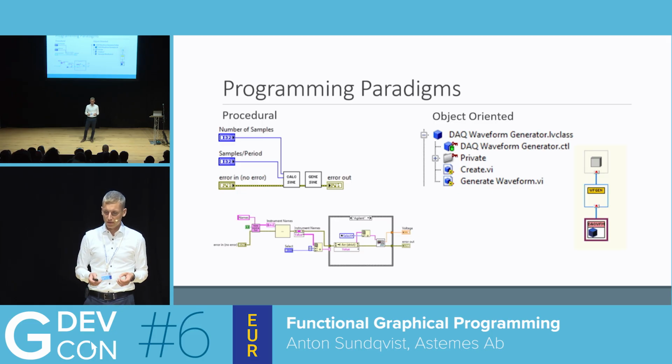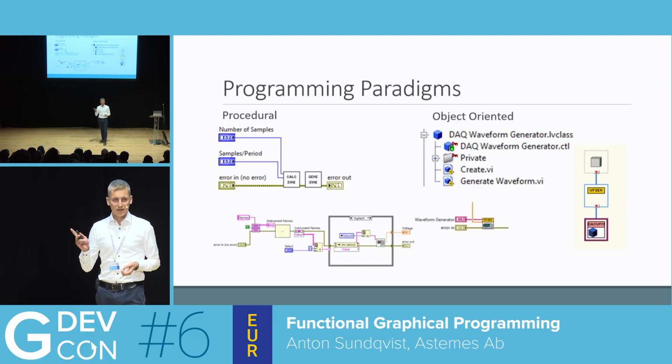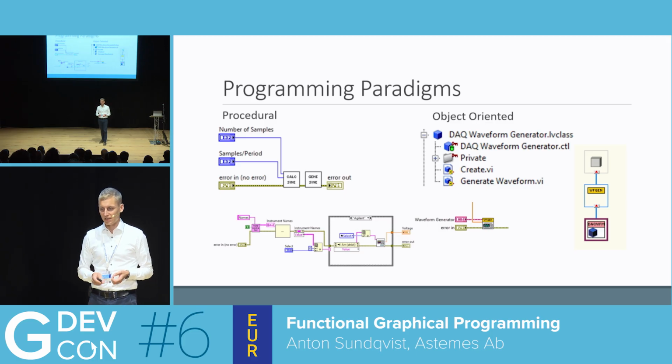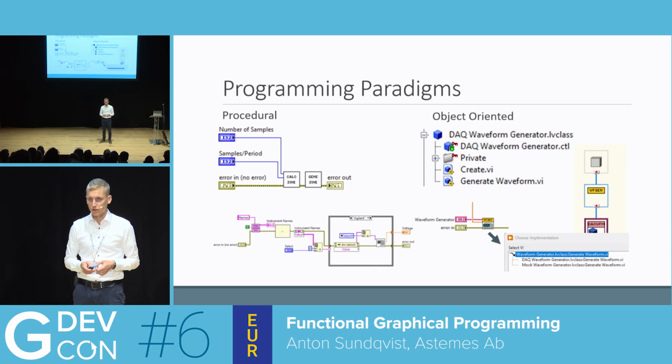But anyway, we have the idea that we can have an object which is of a specific type, and we know about the type, but we do not know about the object, and then we can still use the object in different ways. So when we have code that looks something like this, at edit time we don't know what's going to happen there because it depends on what's coming in on the terminal of this VI here. So we have dynamic dispatching, which should probably be familiar to most of us here.